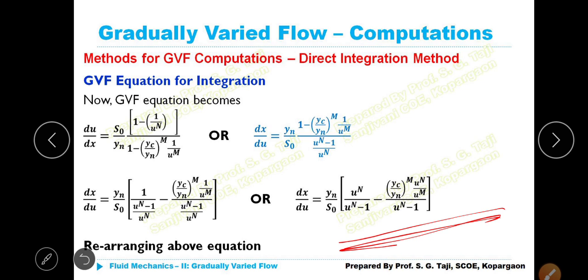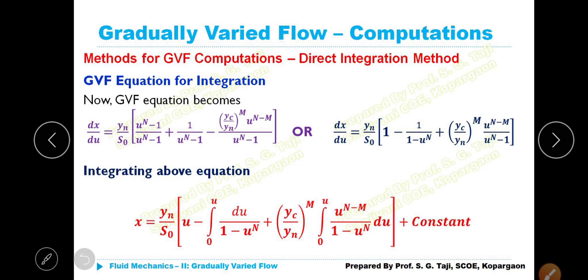Rearranging the above equation, we get dx by du, instead of du by dx, let us take 1 upon it.